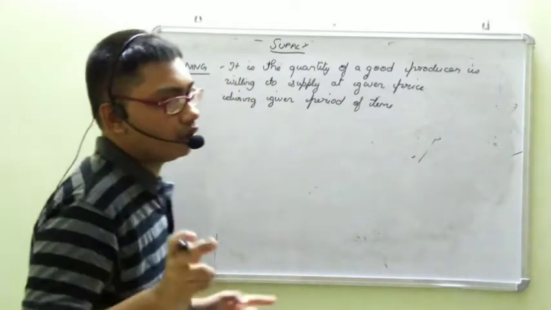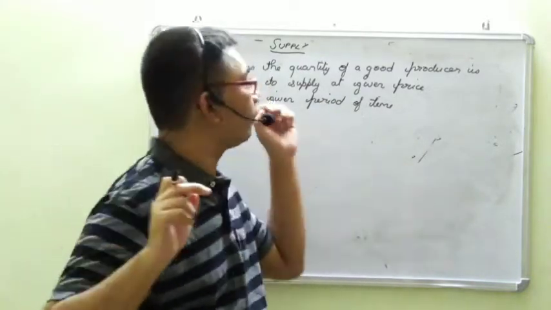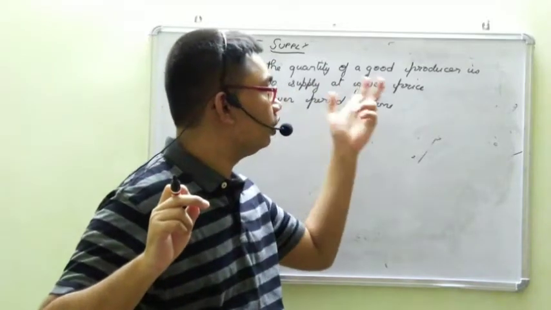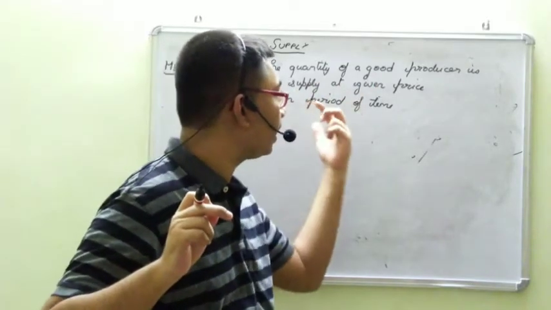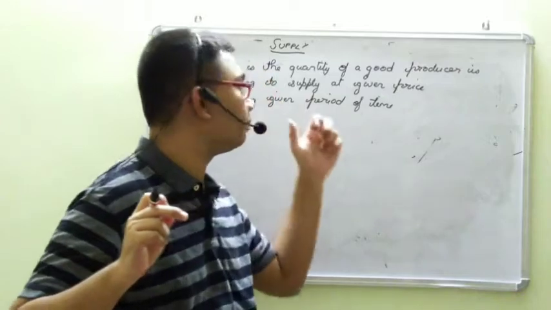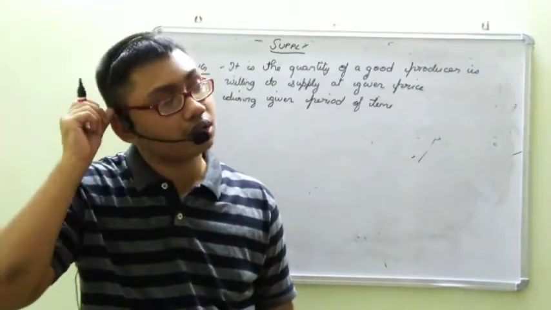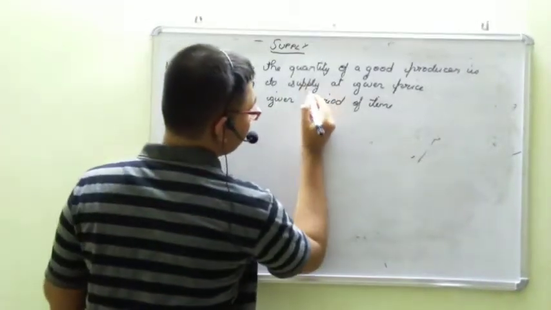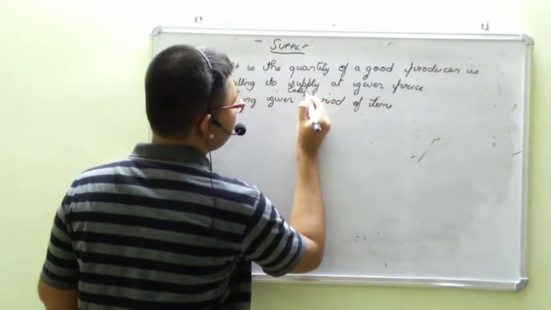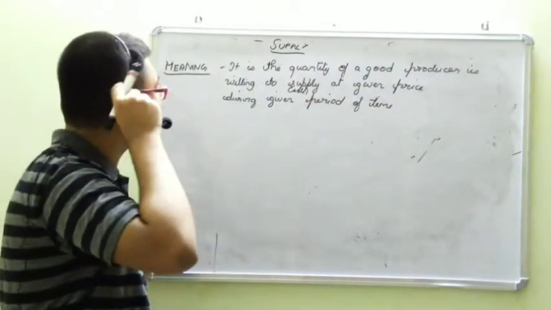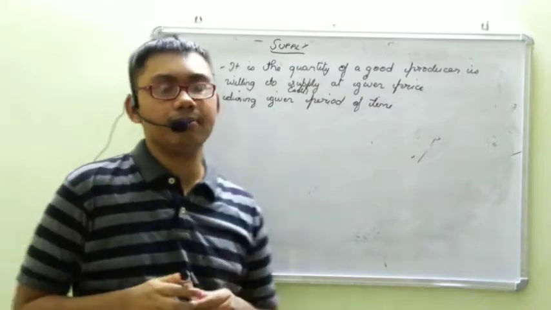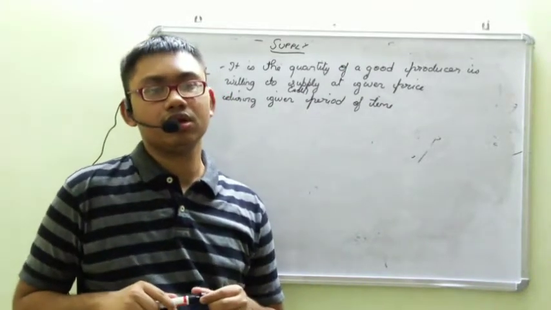Supply of the commodity is the quantity of the good the producer is willing to supply at a given price during a given period of time. Or supply or sell, you can write sell as well. Sell at a given price during a given period of time. This is the definition of supply.